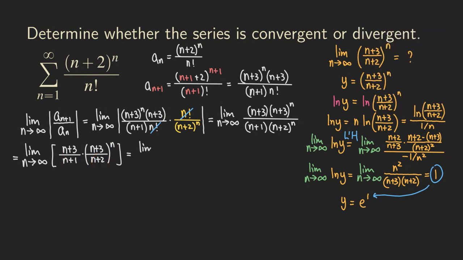So we are going to get the limit of (n plus 3) over (n plus 1), times the limit of (n plus 3) over (n plus 2) raised to the n power.